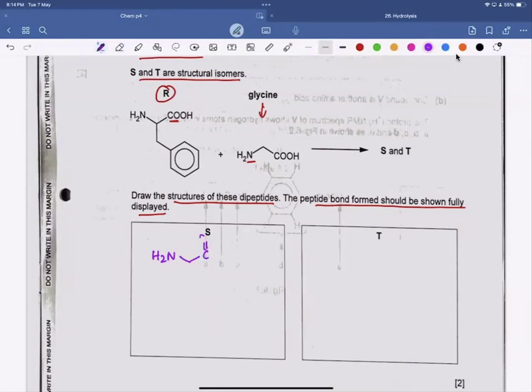Then over here, C double bond O. Keep the rest of the structure as it is. And with C double bond O, I'm going to put a bond on nitrogen, which is bonded to 1 H because 1 H has been substituted. And then this group. Is this understandable to all of you?